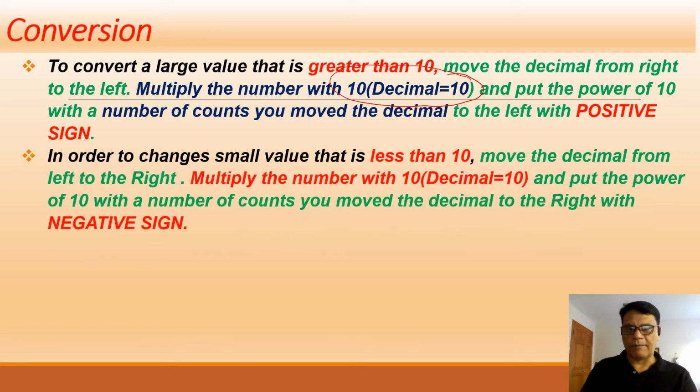We will see this a little bit later. And if you want to change a value that is less than 10, then what will you do? You will move the decimal point from left to right, multiply the number by 10, and put the power of 10 with the number of counts. You move the decimal to the right with a negative sign. Let's see how.